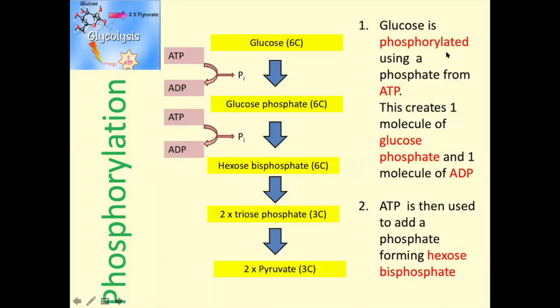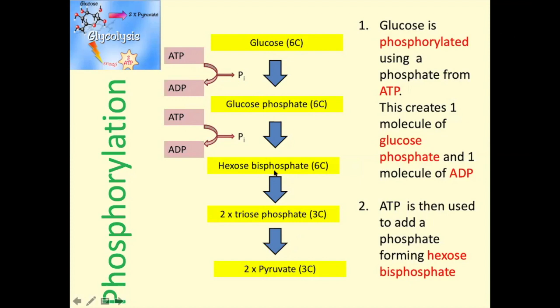So let's look at it in detail. So glucose is phosphorylated using a phosphate from ATP. There it is. Okay, and so we get a 6-carbon glucose turn into glucose phosphate, and we use up an ATP, and then we do so and use up another ATP, and we get hexose bisphosphate.